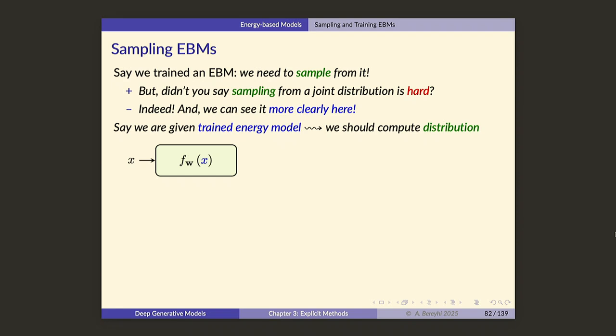Now I have one particular sample x. I want to know what the distribution of x is. How can I do it? I'm going to give x to my energy model and get the level of energy, right? Once I have the level of energy, I'm going to put it inside the Boltzmann formula. This means that after this, I'm going to compute the exponential function of this, e to the power minus the energy, right?